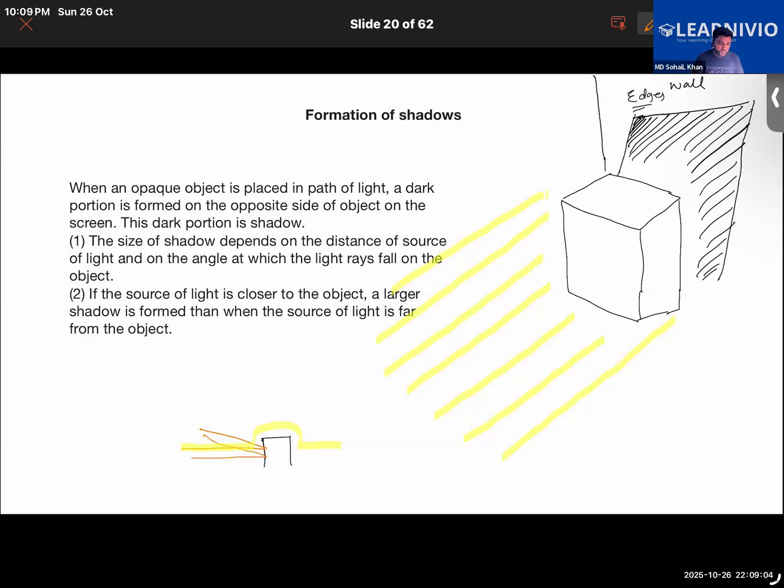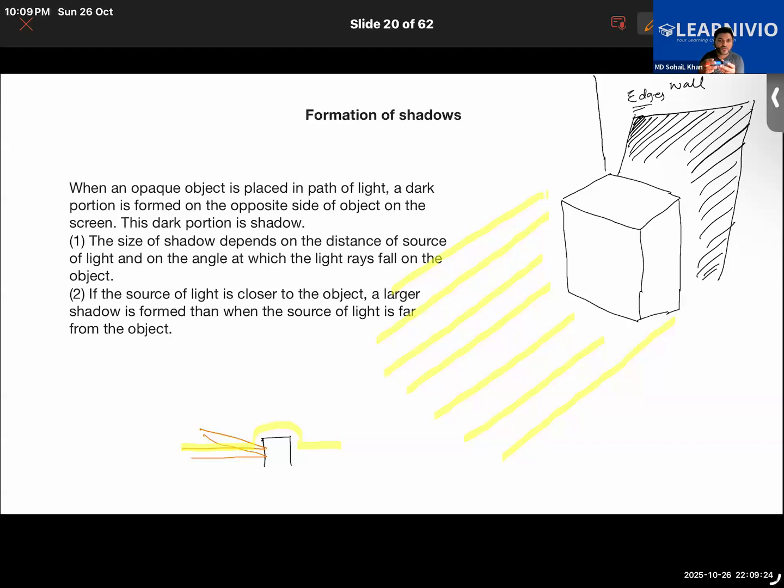You would have done this as a kid. If I flash light on my hand like this, on the wall I can see some shadow. As I bring my hand closer to this flashlight, I can clearly see on the wall that the size of the shadow is becoming bigger.